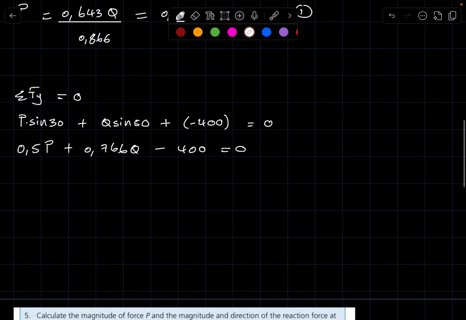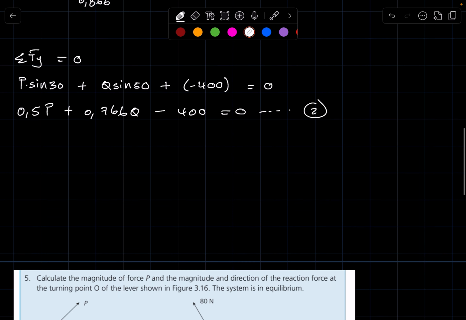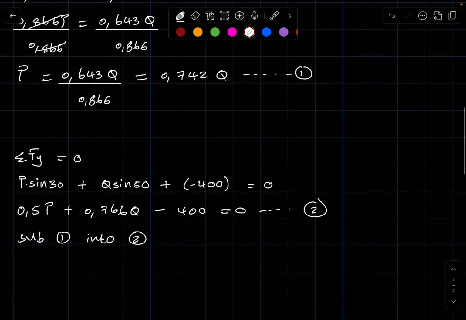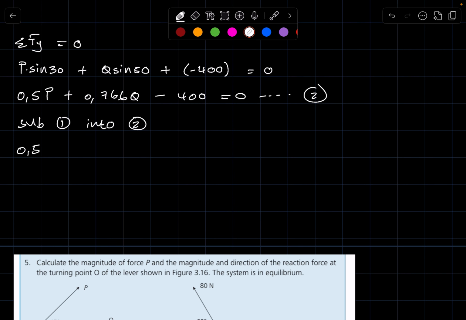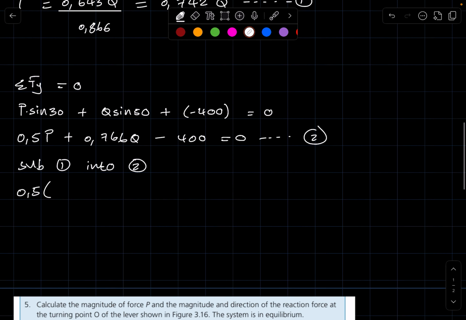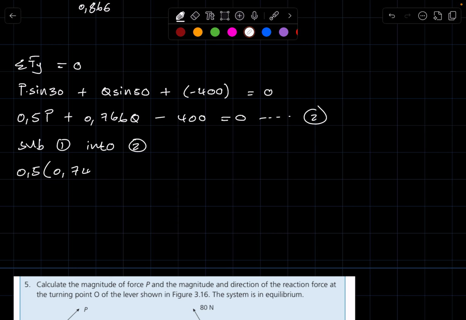So this is essentially the second equation. Now you're going to substitute the first equation into the second equation. So this becomes 0.5 into P. P is 0.742 Q, plus 0.766 Q minus 400. Now you can realize that these two terms are like terms.